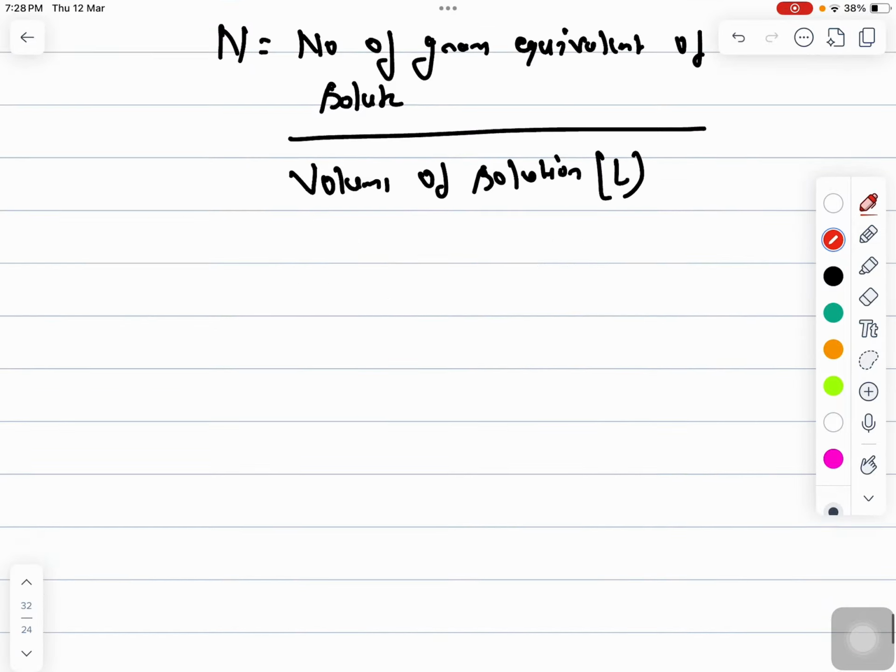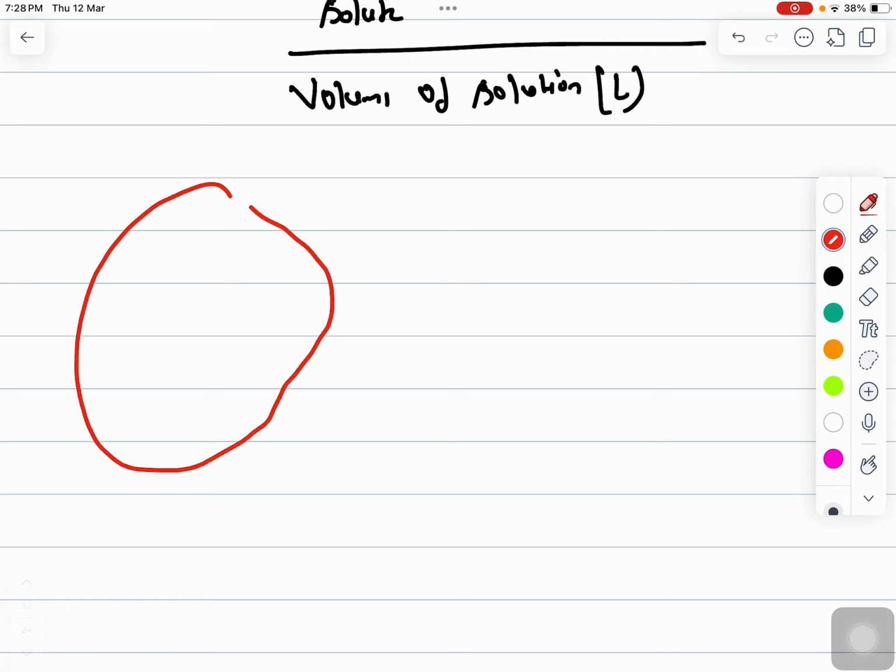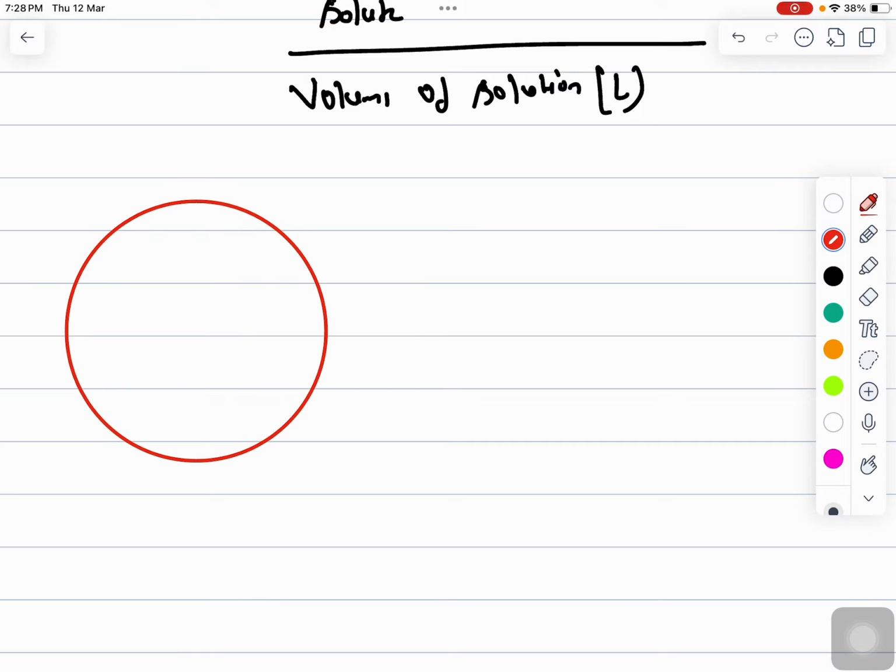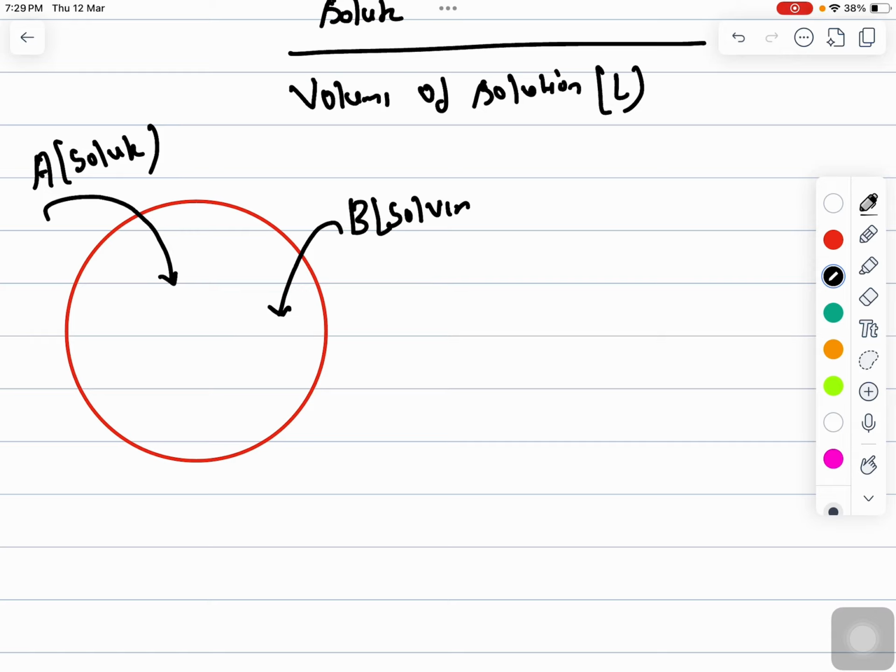Is that clear? So let's say you have a solution here. Let's say A is the solute, B is the solvent, and then they constitute a solution.